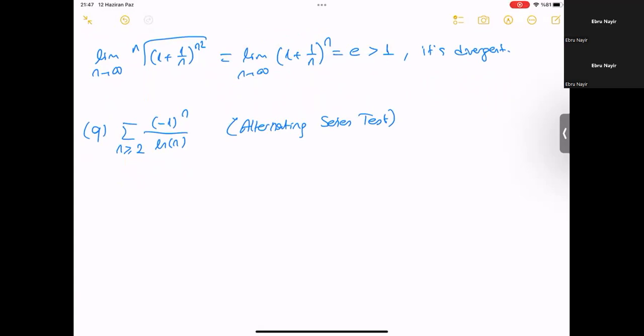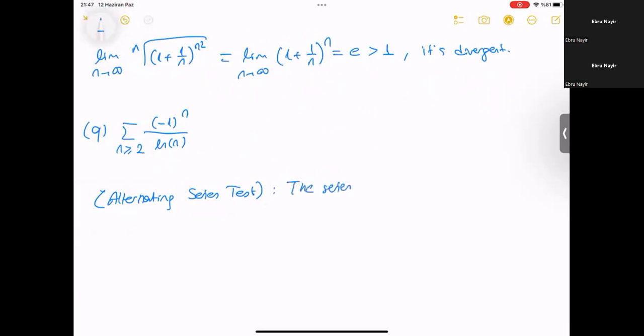Let me recall that. What does it say? The series we have is a series of this form, minus 1 to the n plus 1 times a sub n, and it converges if, first, the terms a sub n of this series are positive for each n.